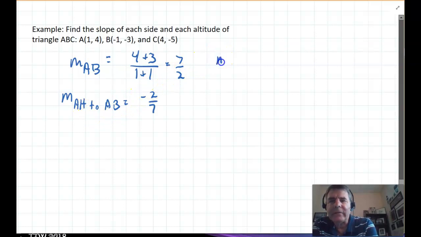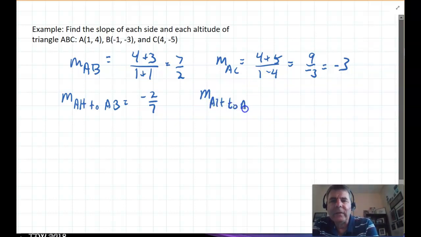Okay, let's get the slope of AC, and that will be 4 plus 5 over 1 minus 4, which is 9 over -3, which is -3. That means the slope of the altitude to AC is +1/3.